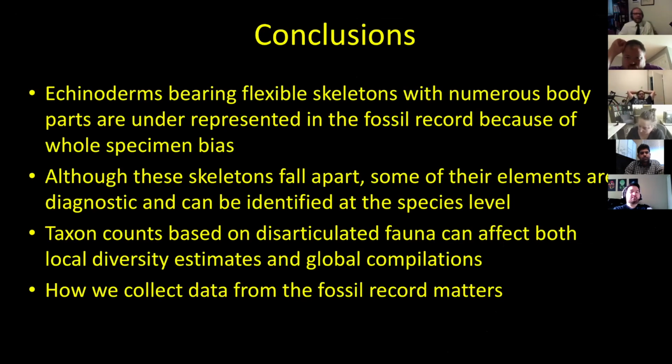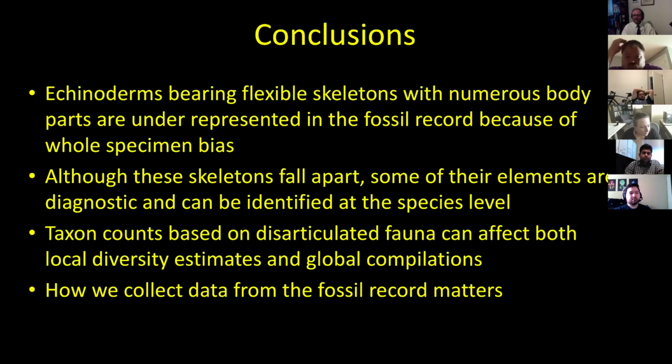So in conclusion, echinoderms that have very flexible skeletons with huge numbers of body parts are always going to be underrepresented in the fossil record, because there's a specimen bias where we study specimens that are complete rather than specimens that have disintegrated.